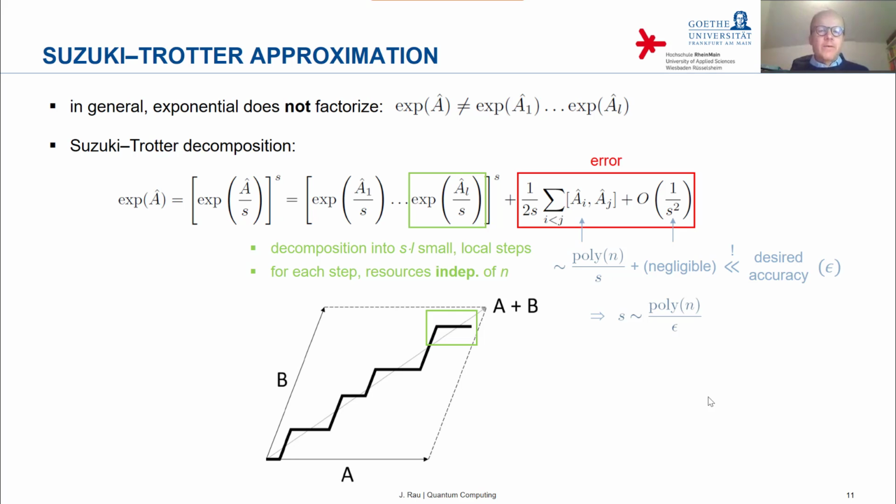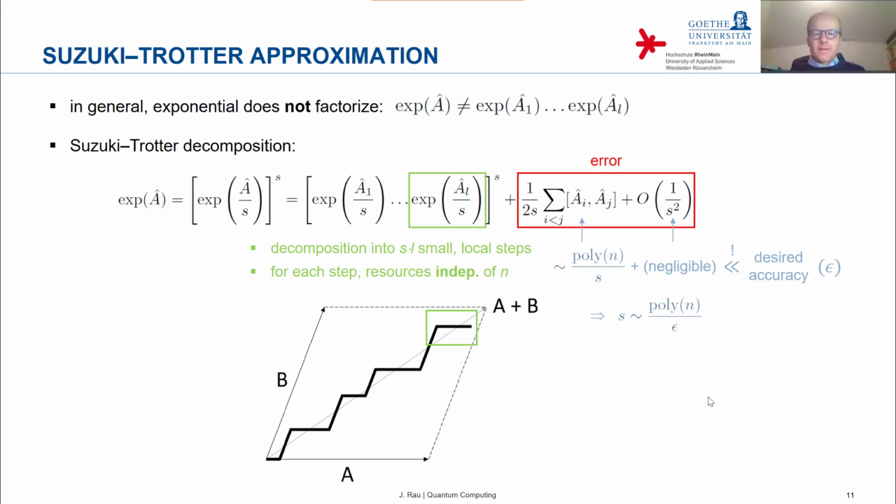Now epsilon itself is a fixed bound which does not scale with n. So essentially the required s scales polynomially with n.